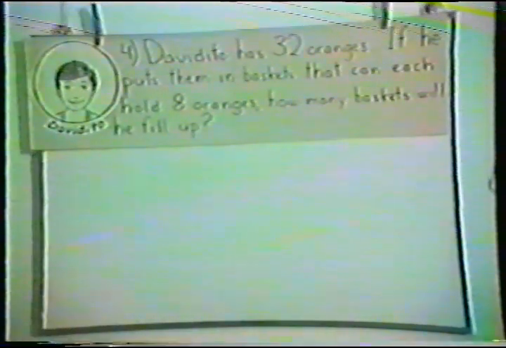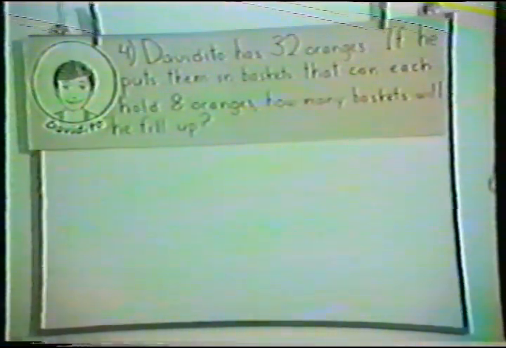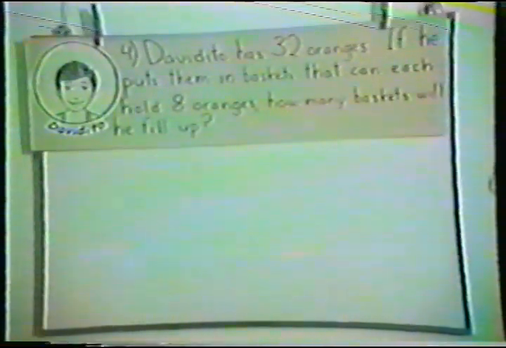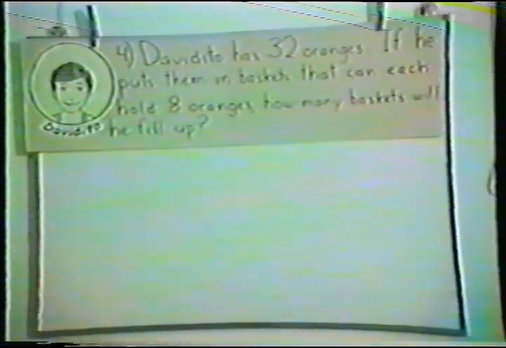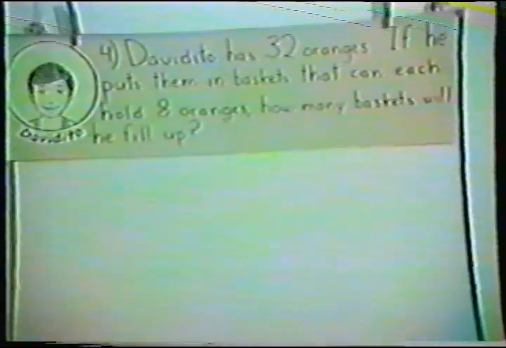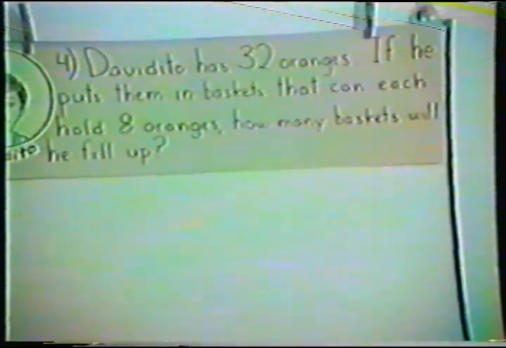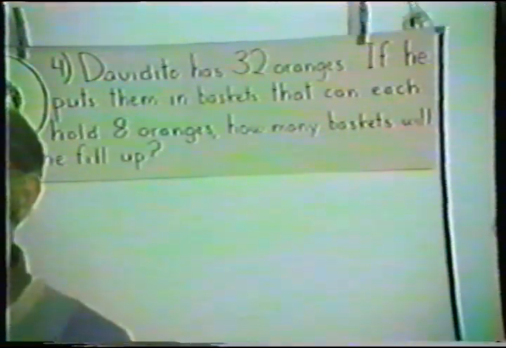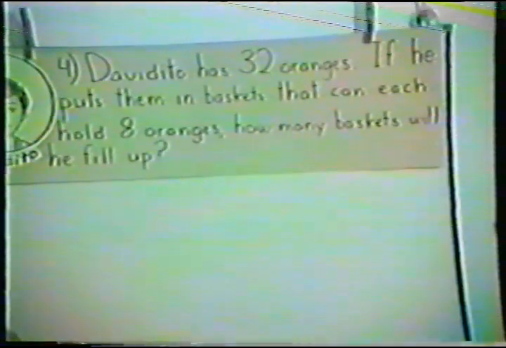All right, here we go. Here is our last test question. Problem number 4. Davidito has 32 oranges. If he puts them in baskets that can each hold 8 oranges, how many baskets will he fill up?